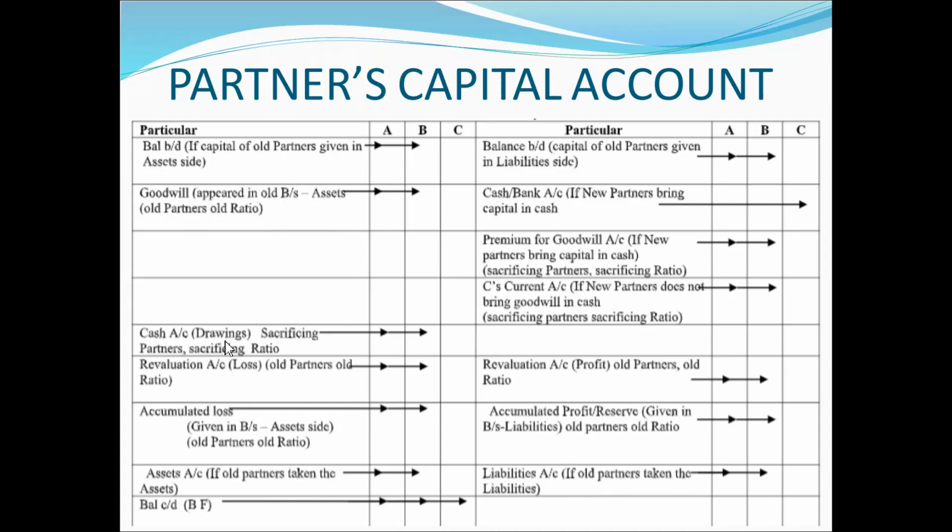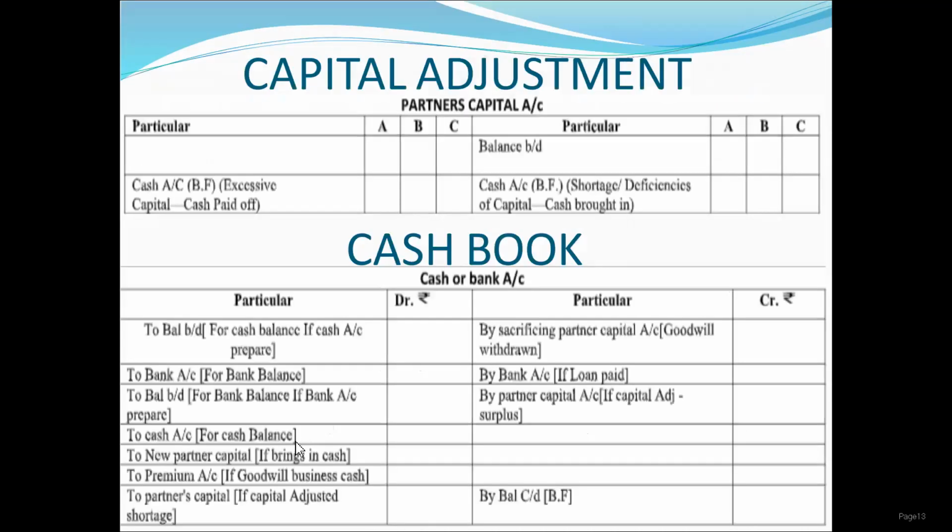So cash account debit, because of drawing. This drawing, you have to share in the sacrificing ratio. Revaluation loss, old partner ratio. Accumulated loss, old partner ratio. Okay. So capital adjustment account. The capital adjustment means cash account.